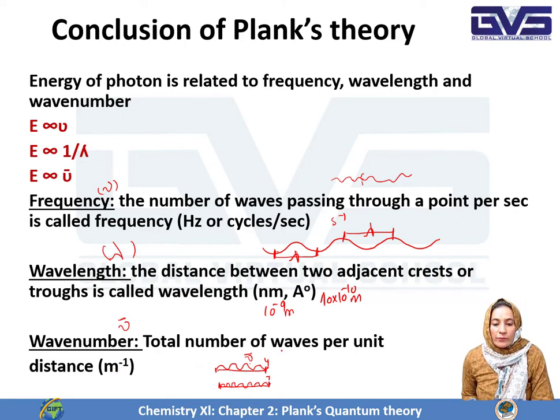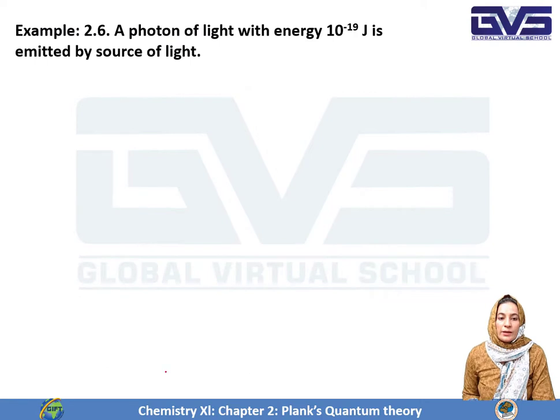So it will be 4 waves per meter, just a supposition, not real. And in this case it is 7 waves per unit distance per meter. So 7 is the higher wave number and 4 is the lower wave number.